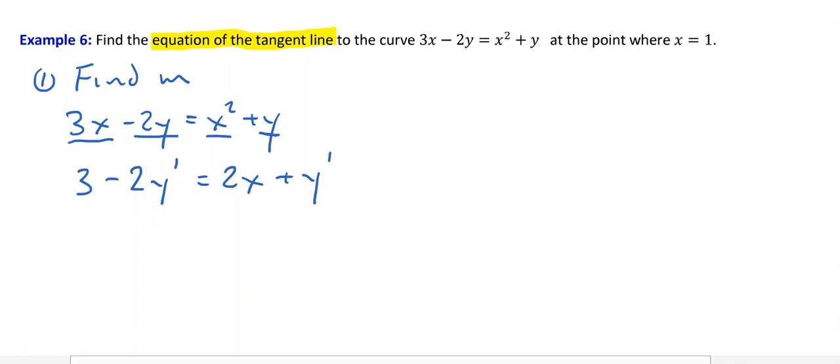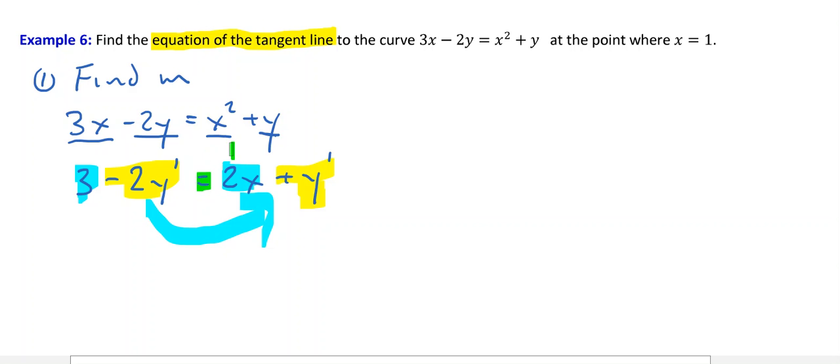Let's get the terms with a y prime on the same side of the equal sign, and get the terms that do not have a y on the opposite side. So I'm going to take negative 2y and bring it over there, and I'm going to move this over here.